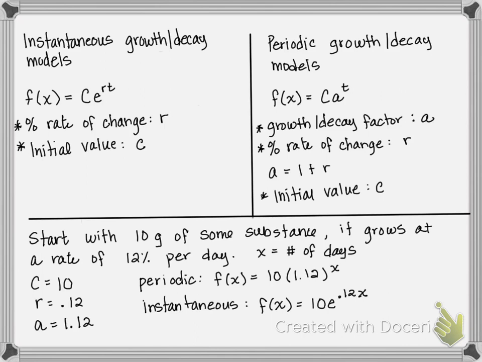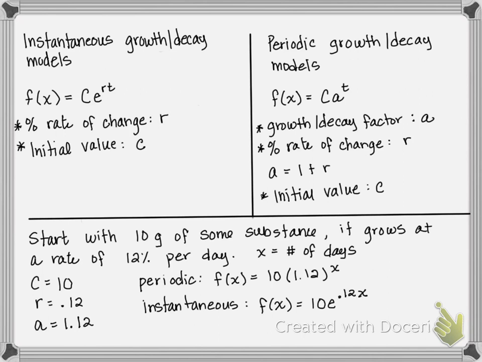So just so you can see the contrast between the two and how we use each of the values in the equation itself, notice that that initial value is always the coefficient. And then just how we use the rate is the big difference here. And the fact that E is in there is a big difference as well.